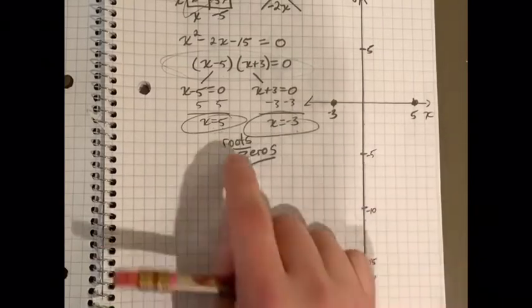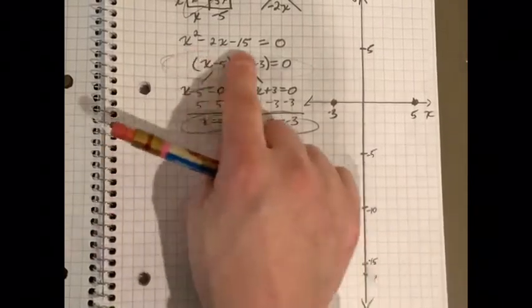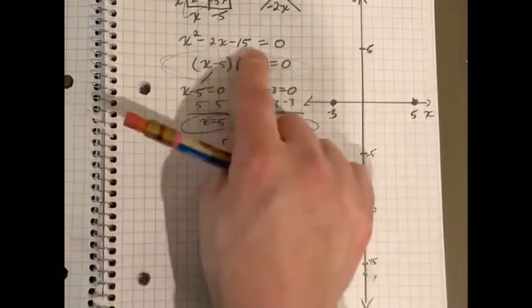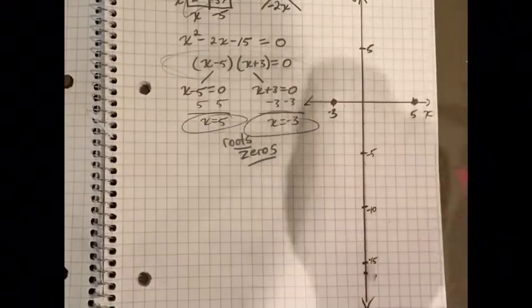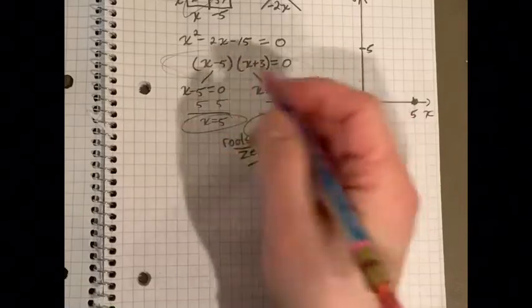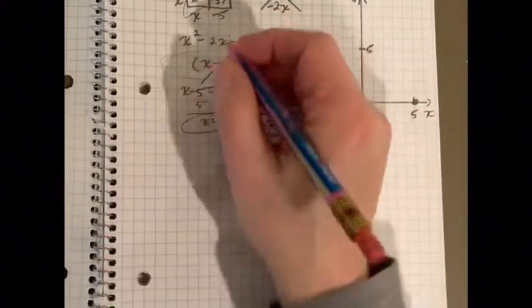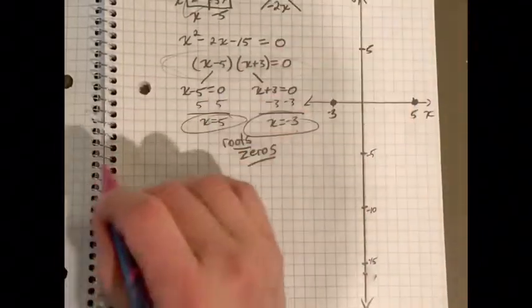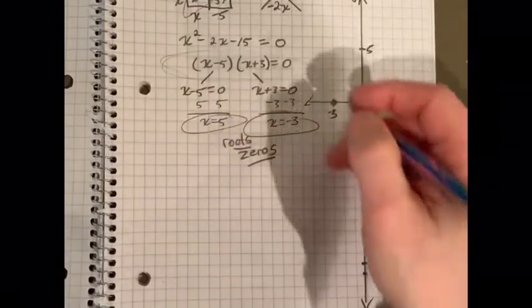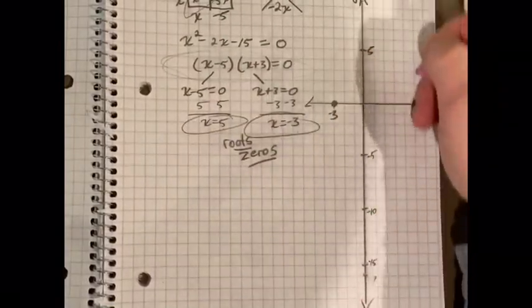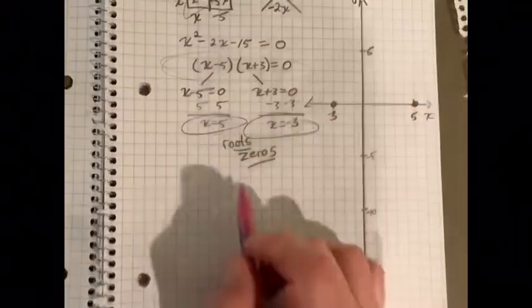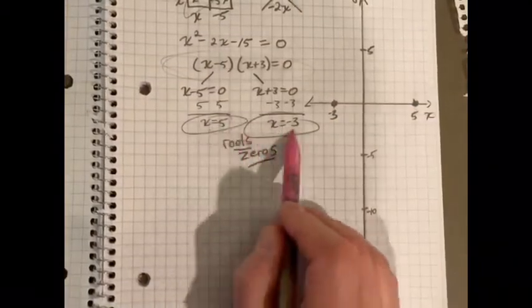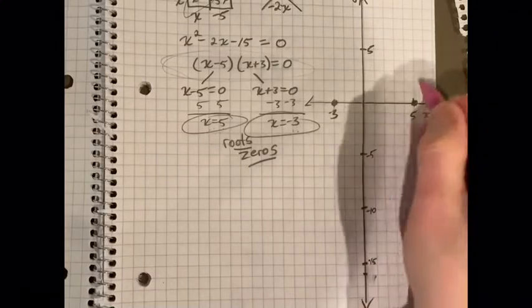But first, what does it mean that we have this 5 and this negative 3? Remember, a quadratic maps a parabola onto a four-quadrant graph. If we plugged in numbers like x equals 1, x equals 2, x equals negative 3, and so on, we would be able to graph a parabola out of it. But now, since we used zero product property, we have the x-intercepts for that parabola, where it crosses the x-axis.